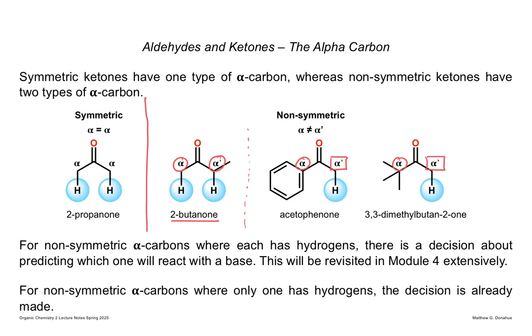So these classifications are important because once you figure that out, it's telling you exactly where a reaction can happen. So we'll revisit this again in Module 4, but we need to know some basic understandings for the Baeyer-Villiger.